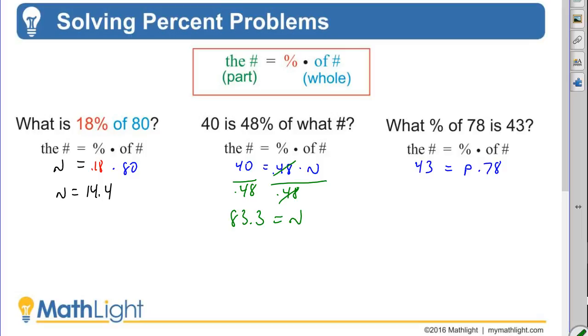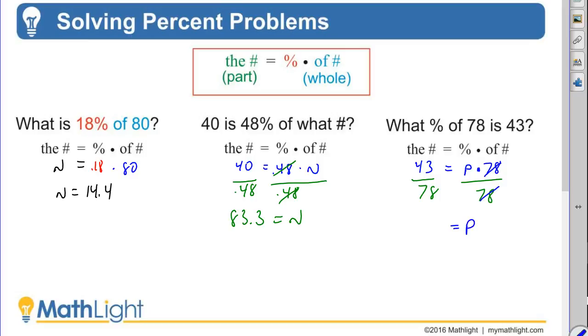Okay, let's isolate the percent by dividing both sides by 78. That's a raised dot there, not a decimal. This is times 78. That's going to isolate our variable. And are you remembering something when figuring out the percent?